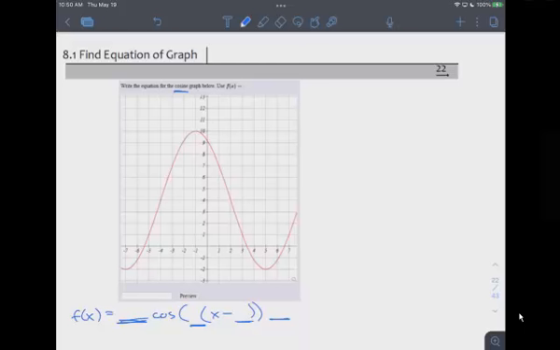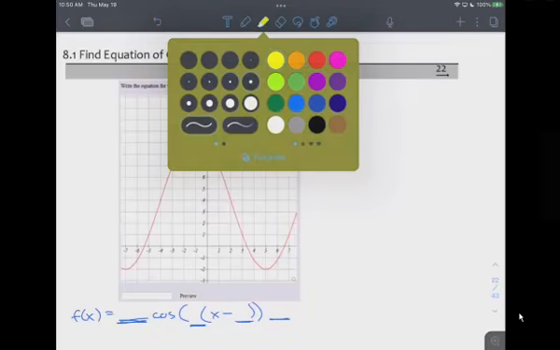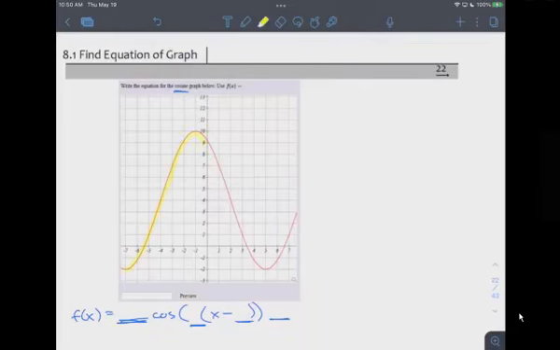When you're looking at this, the only thing that you can actually see in the interval they provide is one cosine cycle, right? And this cycle is representing a negative cosine. So we do know that we're going to have a negative out front, since we're starting with a minimum.